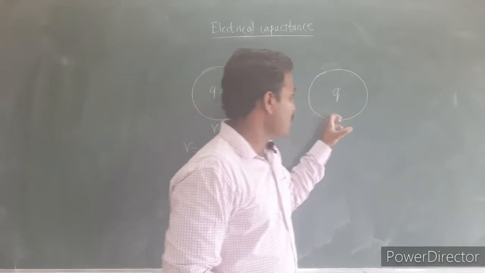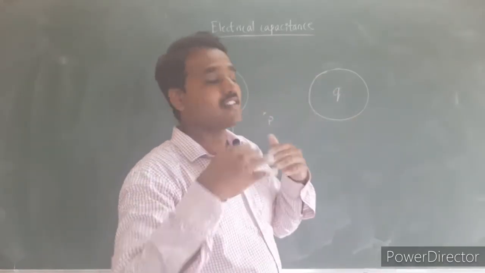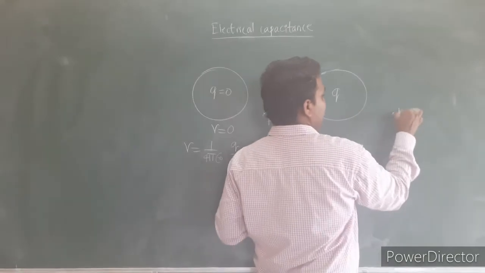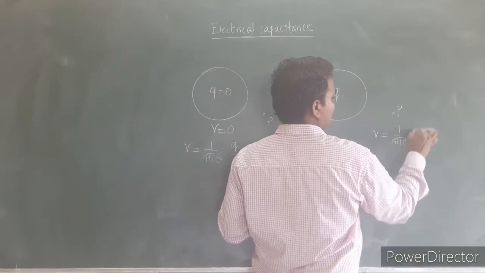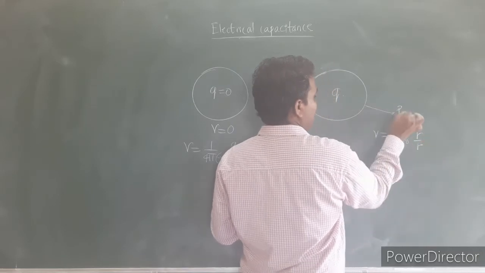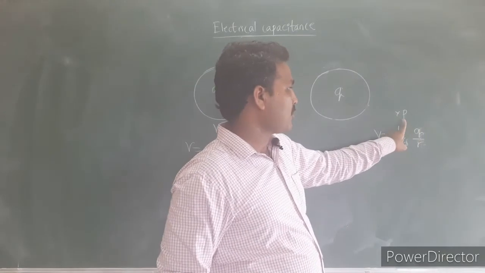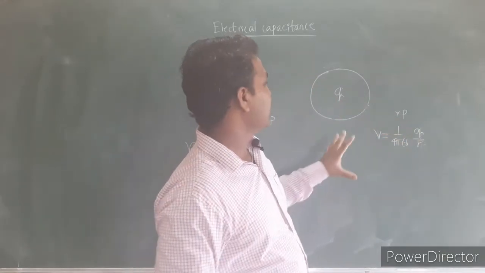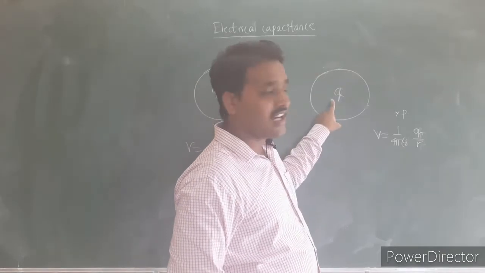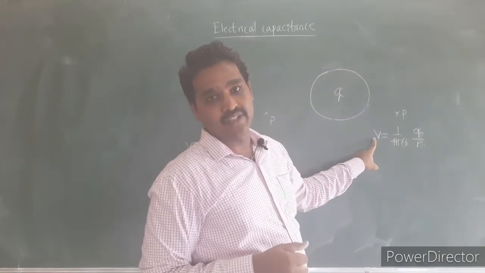But when we give the extra charge to that conductor, because of the extra charge at any point P, there will be some electric potential given by 1 by 4 pi epsilon naught Q divided by R, where R is the distance of that point from the surface of the conductor. Here, since the charge is not equal to 0, it gained some electric potential.